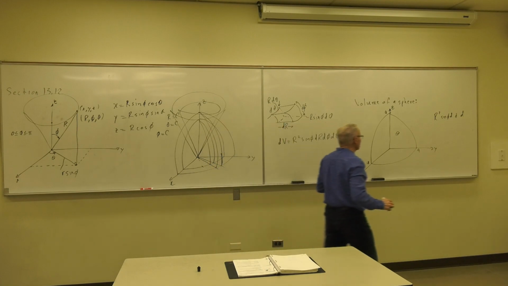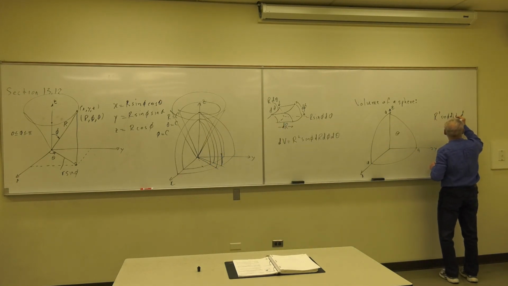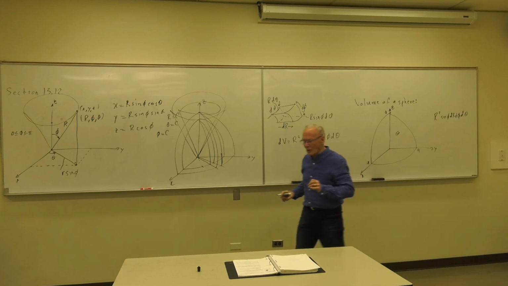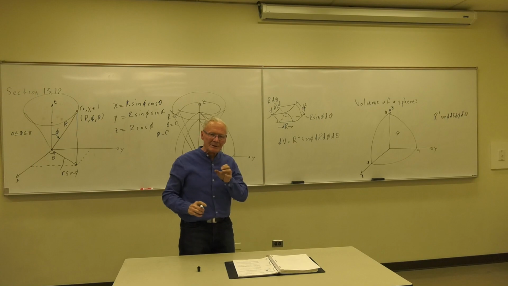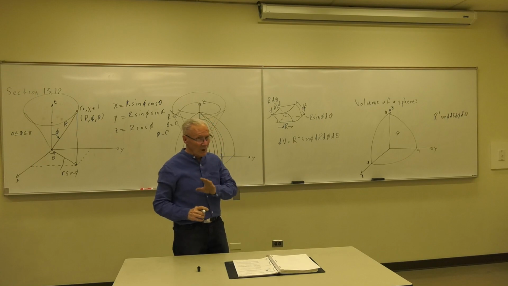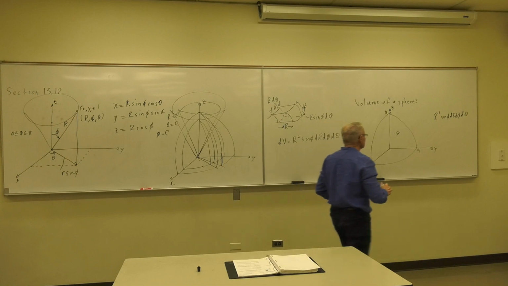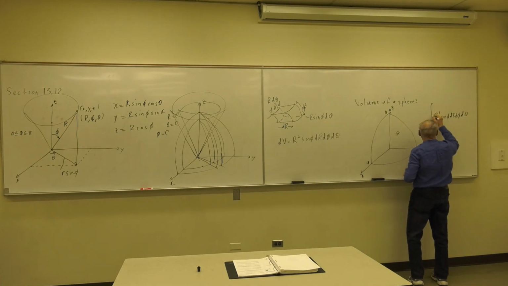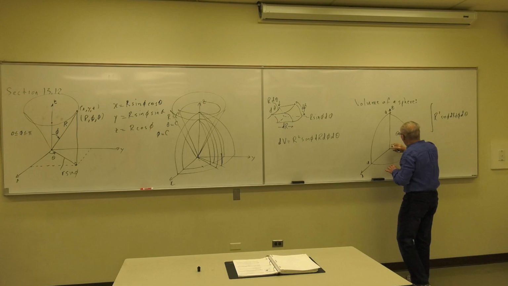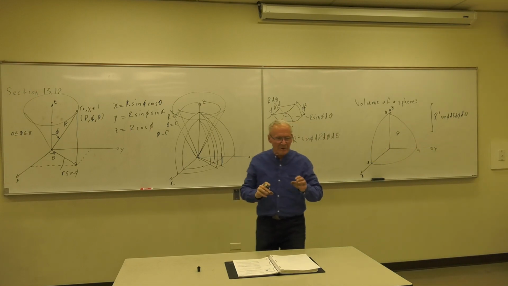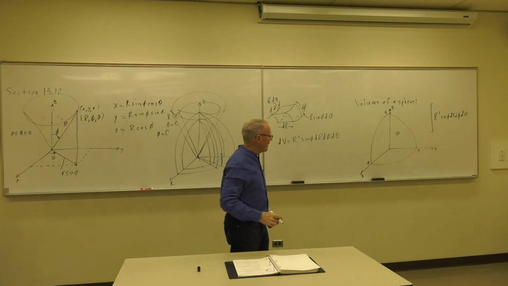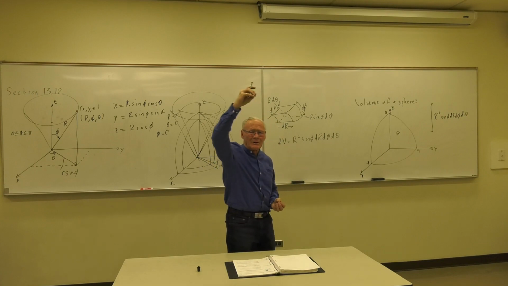I recommend this order of integration, r, phi, and theta. That's always my first choice for order of integration in spherical coordinates, unless I've got a good reason to do otherwise. So let's interpret this. Your first integration with respect to r adds over all of these little, whatever you want to call them, radially.